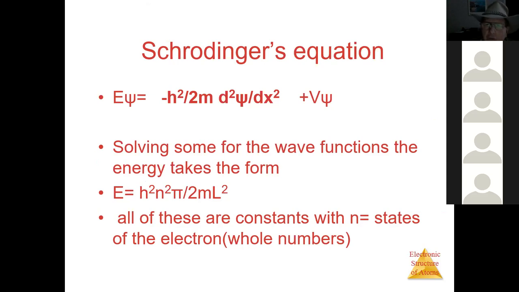So basically what Schrodinger is saying here is what Bohr said. The energy is going to be equal to a number based on constants times a whole number value.